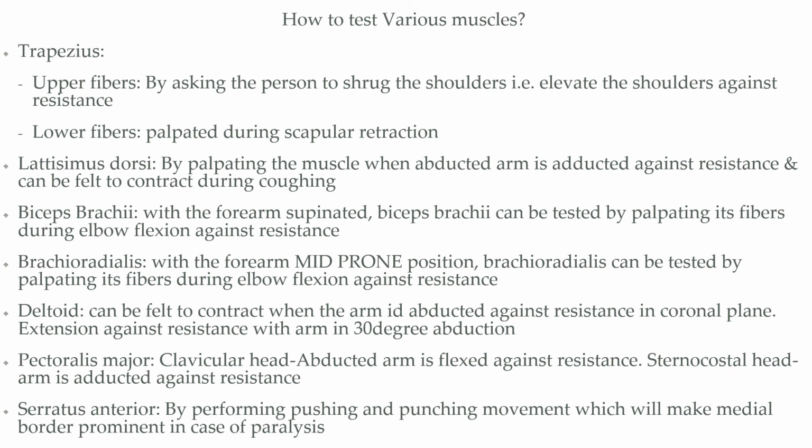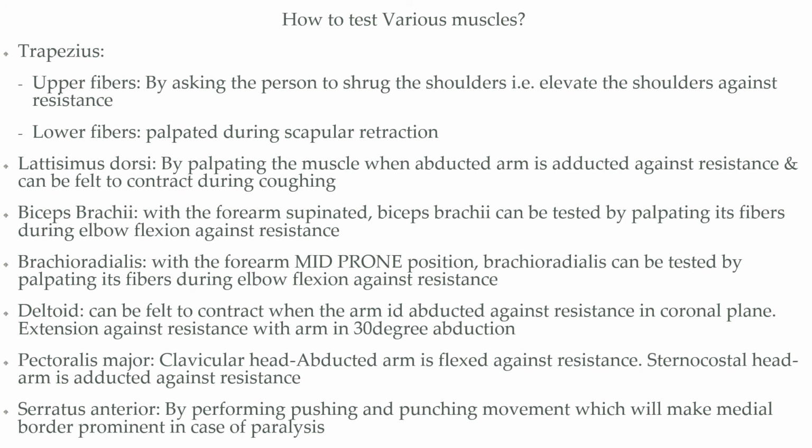Pectoralis major, specifically the clavicular fibers, can be tested by asking the person to perform flexion at shoulder joint against resistance. The sternocostal head can be tested by asking the subject to perform adduction at shoulder joint against resistance.